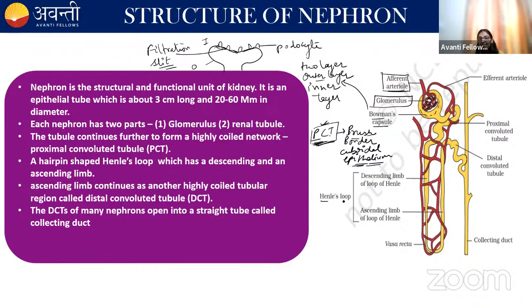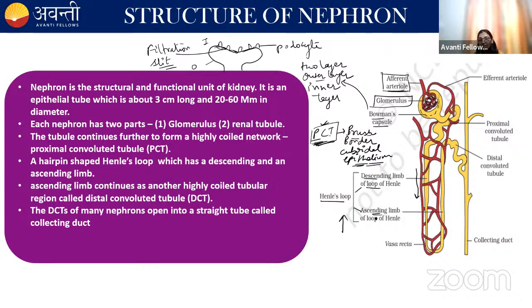Now, next is the loop of Henle. The loop of Henle consists of two limbs, a descending limb, which moves downward, and an ascending limb, which moves upward. The descending limb also consists of two parts, thick and thin. The thick part is lined by cuboidal epithelium, and the thin part is lined by squamous epithelium.